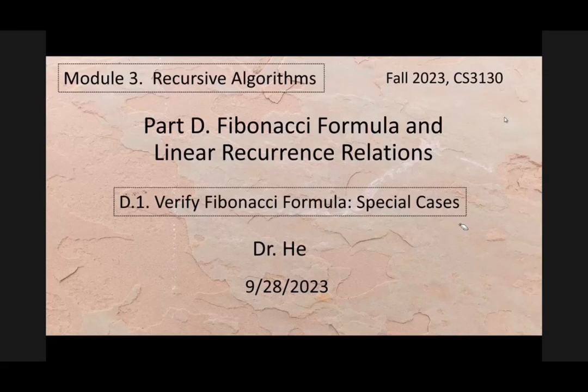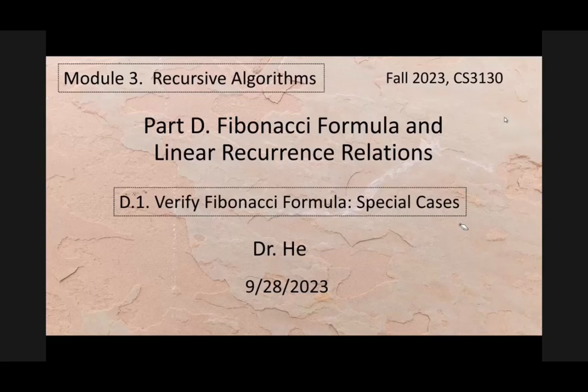Because the formula is given, so we have it. So what we need to do is just to verify it. To verify it, we need to verify the Fibonacci numbers for all n.